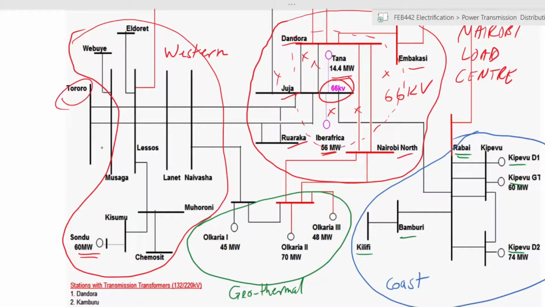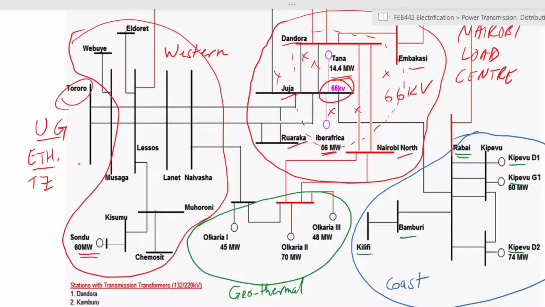You will notice Tororo, which is in Uganda, which means that a national power grid can actually be connected to a neighboring country's national power grid. So in the case of Kenya, we are connected to Uganda, Ethiopia, and I think Tanzania. And Uganda and Ethiopia do actually sometimes supply us with power.